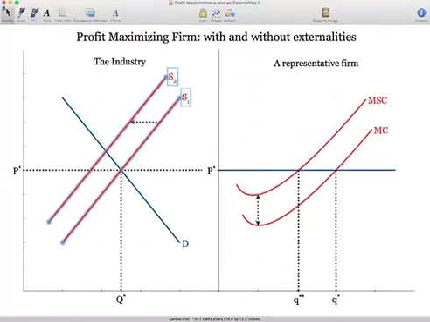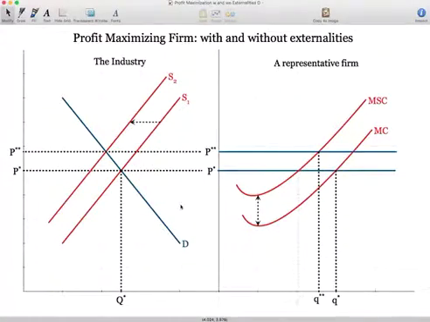Since we have a new supply curve, we are going to have a new equilibrium price. So this is going to occur where the original demand curve intersects the new supply curve, the supply curve where all those external costs are internalized by the firm. And that will give us a new equilibrium price here. That's where D and S2 intersect one another.